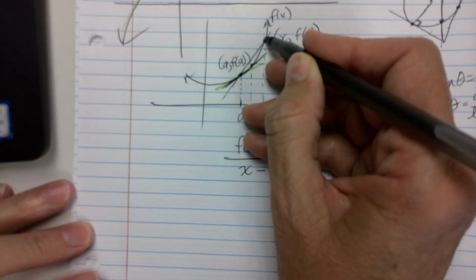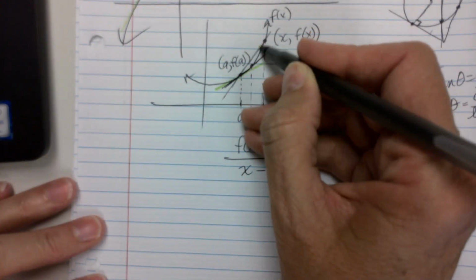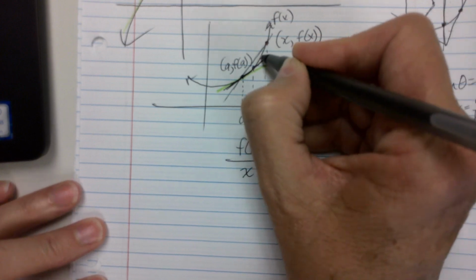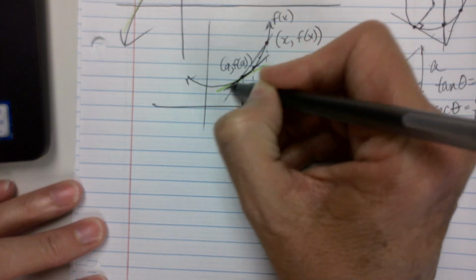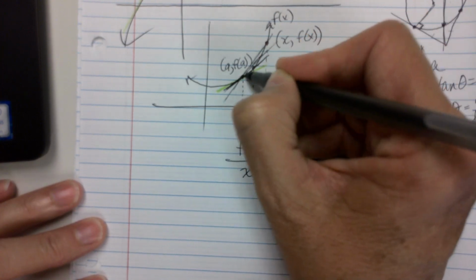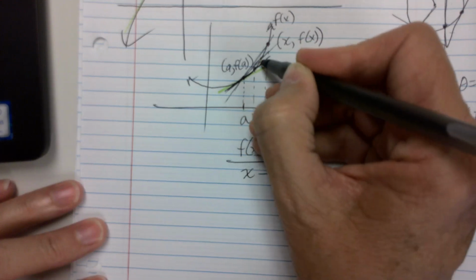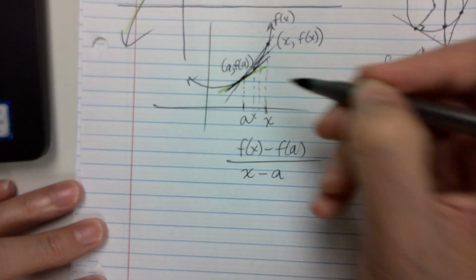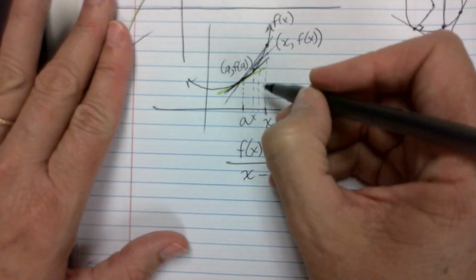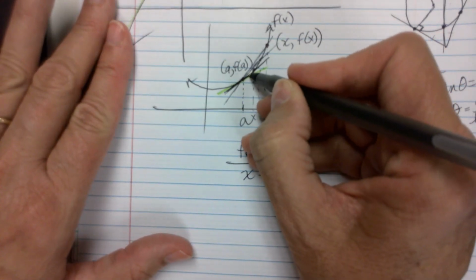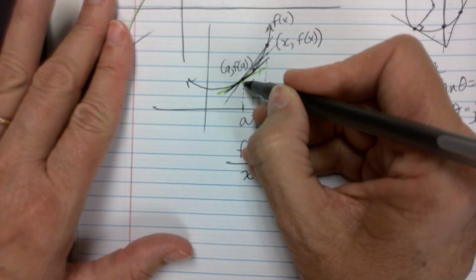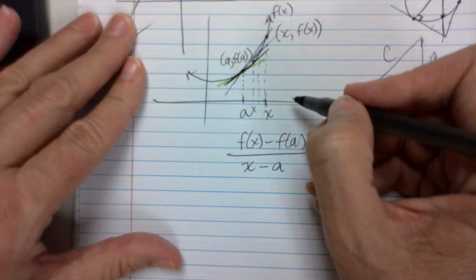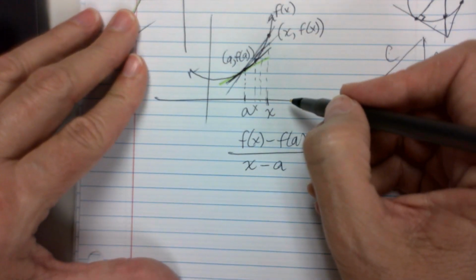So I have now moved my x, and it looks like my secant line is getting closer, doesn't it? I moved it here. It's not very close. I moved it here. It's even closer. Where else could I really move it? Closer and closer to the what? What is the idea of closer and closer?